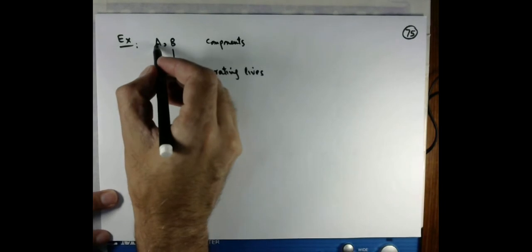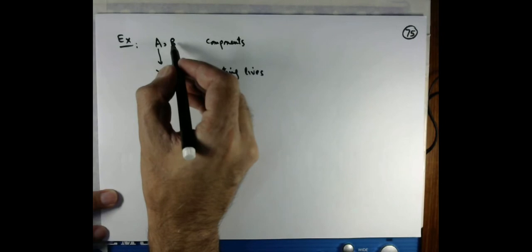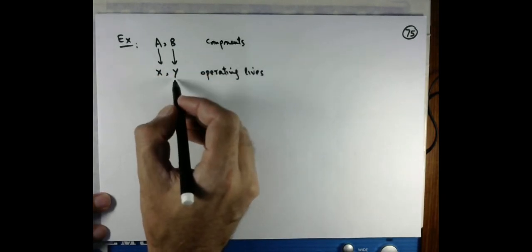So the operating life of component A is represented by some random variable x, and the operating life of component B is represented by some random variable y.